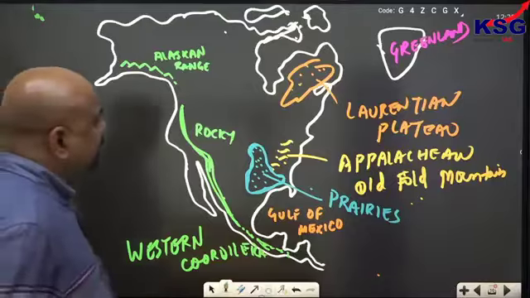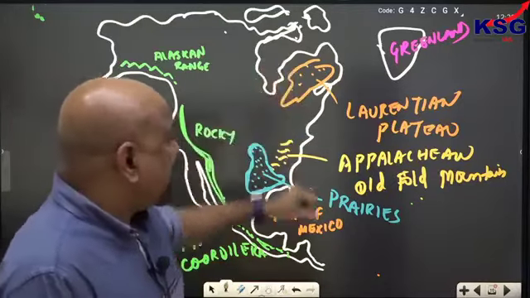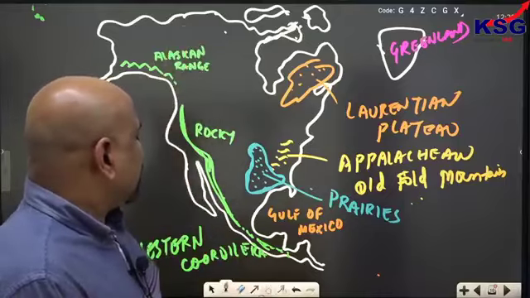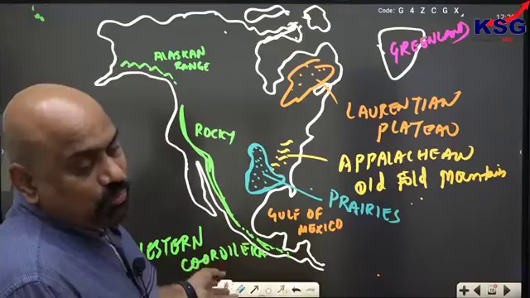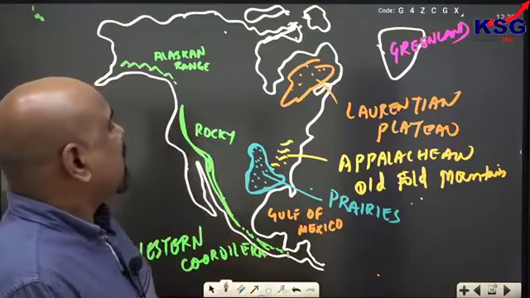Have you drawn this? Appalachian is an old fold mountain, I told you. Rocky, young fold mountain. Western Cordillera, we have here. Alaskan range, you have here.